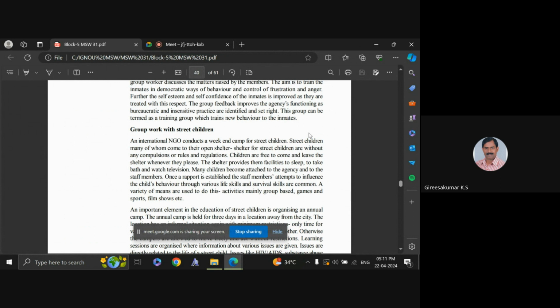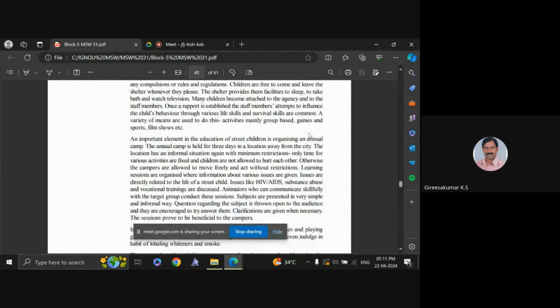Yes. The important element is organizing an annual camp so that they can be collected. For 3 days, at a location away from the city.